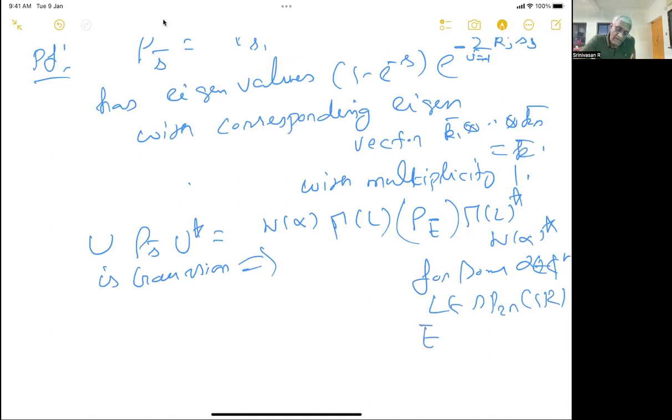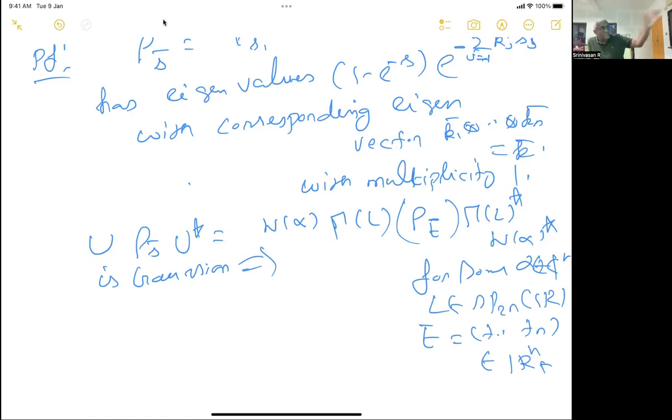And T bar is equal to T1 up to Tn, some in R plus.